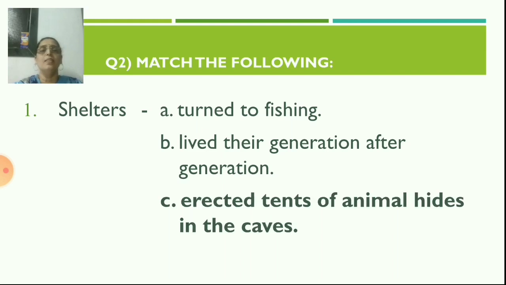And the right answer is yes, C. Erected tents of animal hides in the caves. So shelters is C. Erected tents of animal hides in the caves.